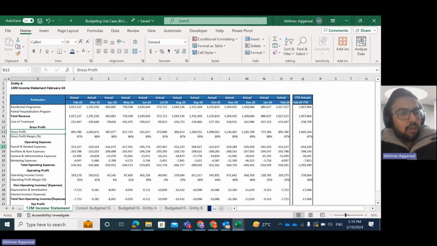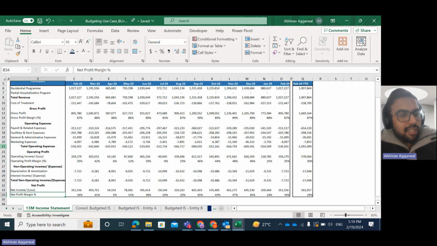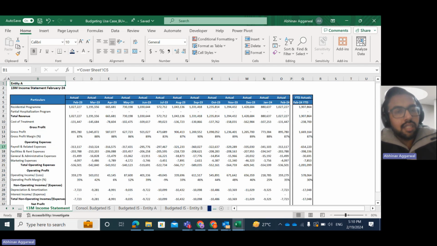Then you calculate your profitability margins. This is what I call financial ratios. Then there are your operating expenses like payroll, facilities. Then you calculate your operating profit, EBITDA, and then your net profit. Okay, so this is a real case of how you prepare an income statement from a GL dump.